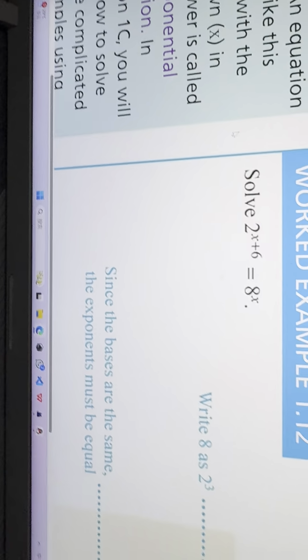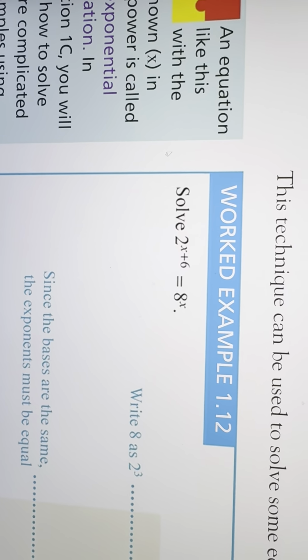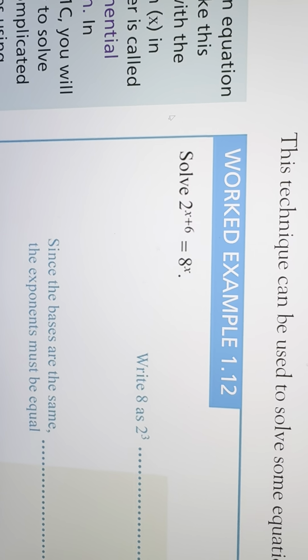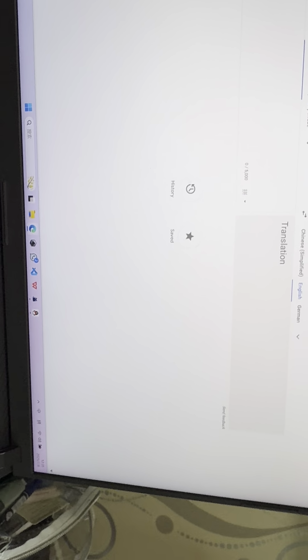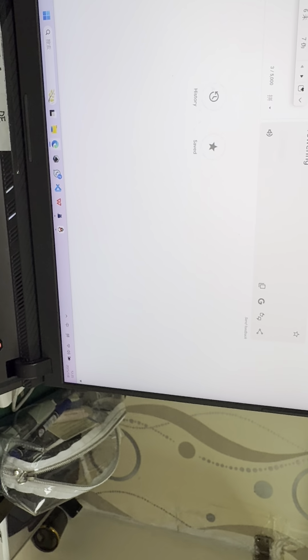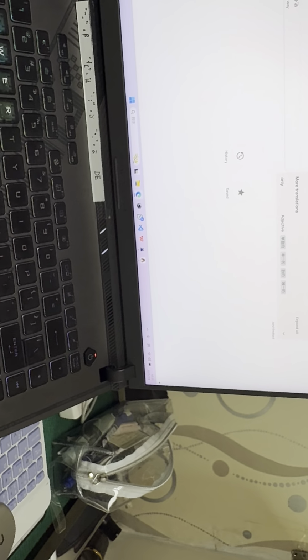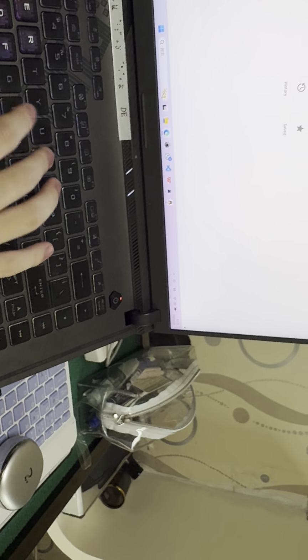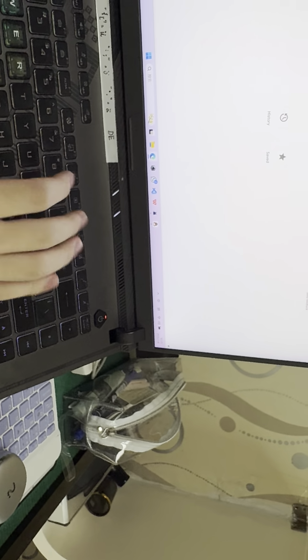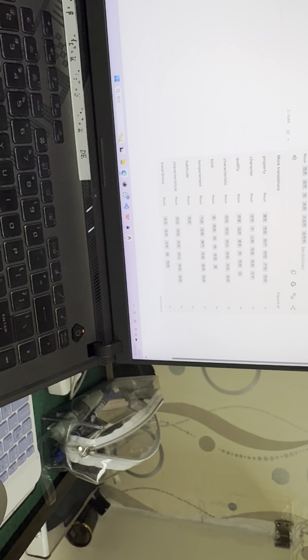So it shows that the result of the exponent is, I don't know how to describe it, but it's a special property of exponents.